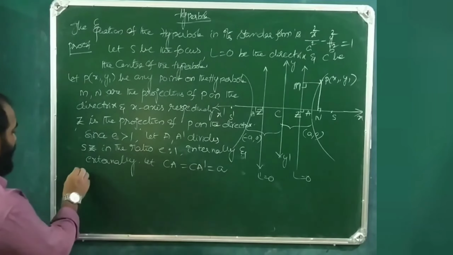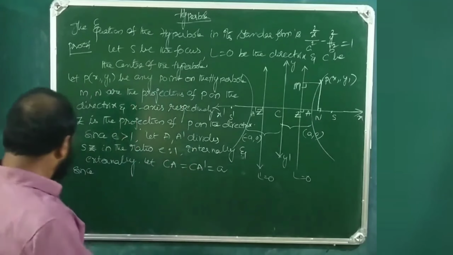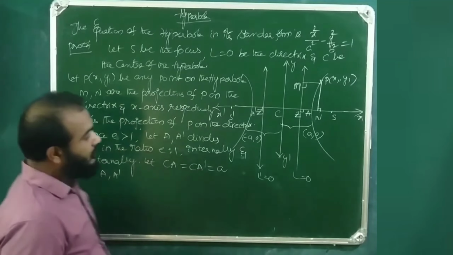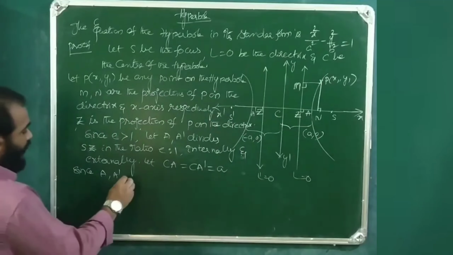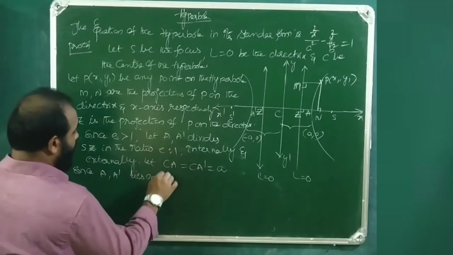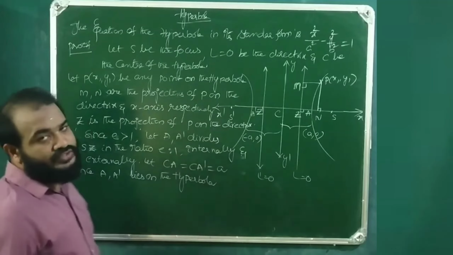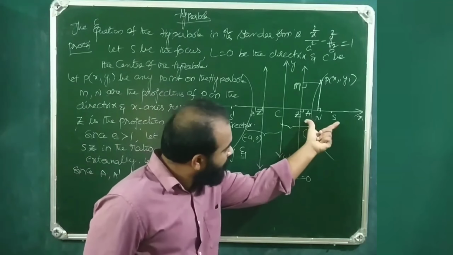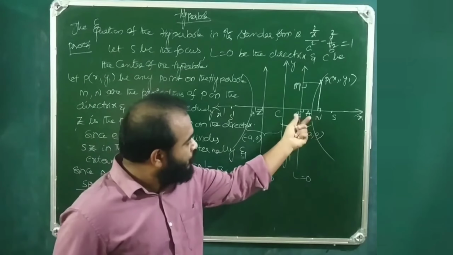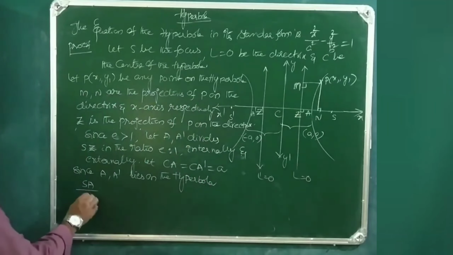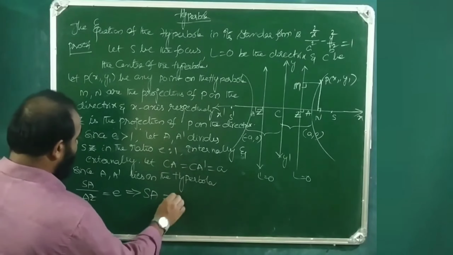So since A, A dash lie on the conic, meaning the hyperbola. Can we use the definition now? Its distance from a fixed point SA, its distance from a fixed line AZ is equal to E. From this SA is equal to E AZ.